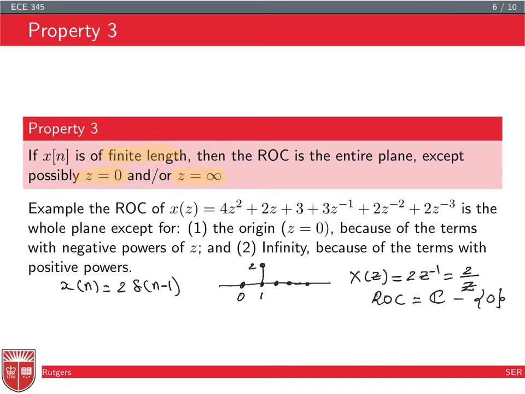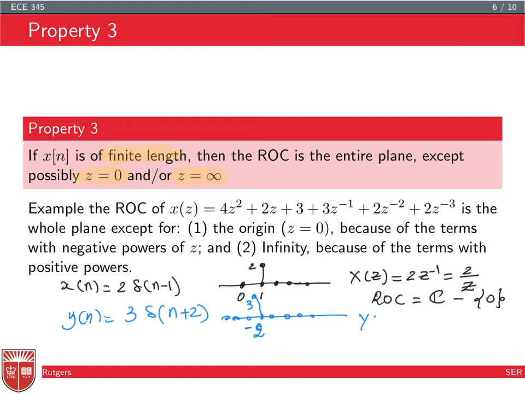Now if we take another example, let's take y[n] equal to 3 delta[n plus 2]. This is how y[n] will look: at n equal to negative 2 it has a value 3, and it's 0 everywhere else.